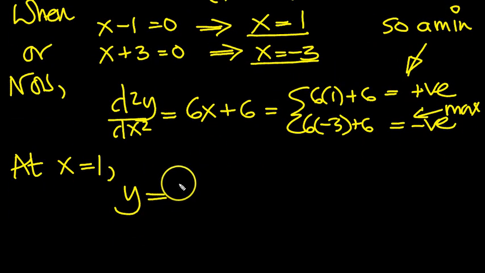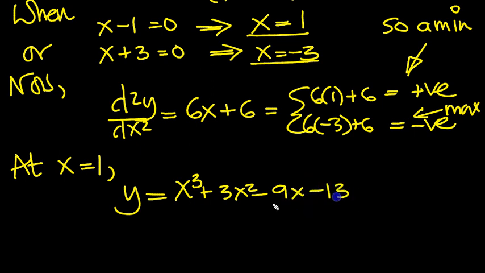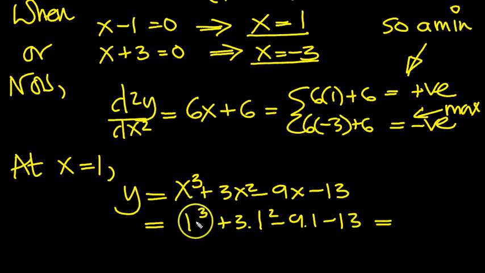It's x cubed plus 3x squared minus 9x minus 13, which equals 1 cubed plus 3 times 1 squared minus 9 times 1 minus 13. 1 plus 3 ones are 3, that's 4. Take away 9 is minus 5. Take away 13 is minus 18.